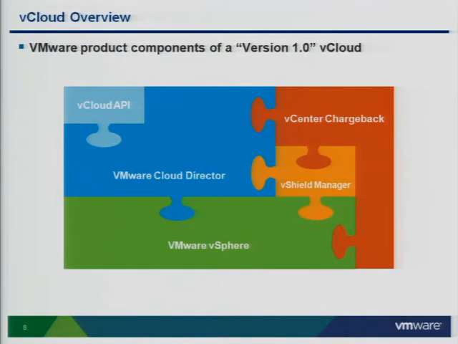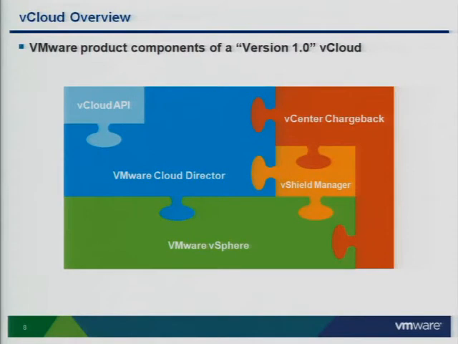Now they're talking through the vCloud Director. And the vCloud API is part of that as well. The vCloud API is both a way to interact with the vCloud Director, but it's also our API that we're submitting to the standards body to interact with different clouds, both inter-clouds as well as from public to private.